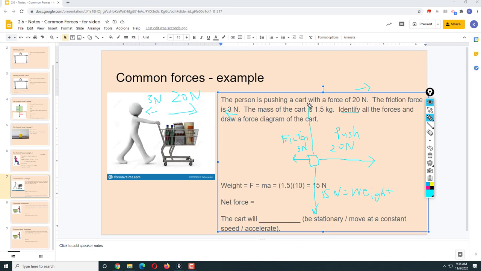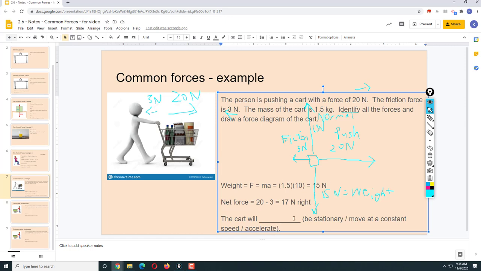That means that the normal force also has to be 15 newtons, because the cart is not going up and it is not going down. So the normal force and the weight must be equal. The net force: 15 minus 15 is 0. They cancel. So net force is really 20 minus 3, which is 17 newtons to the right.